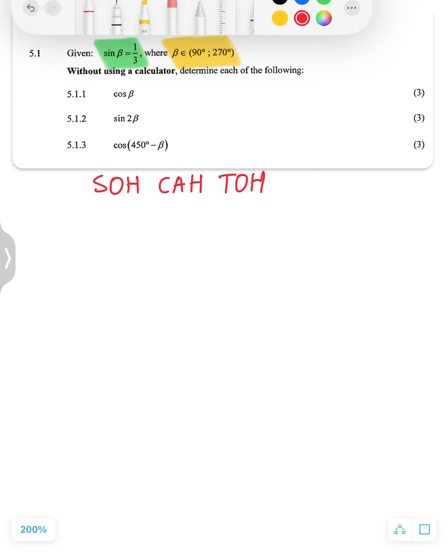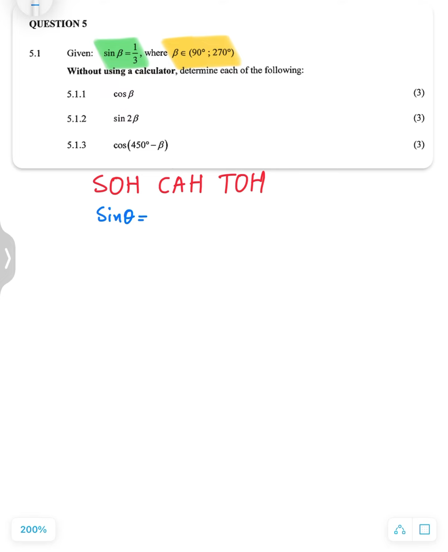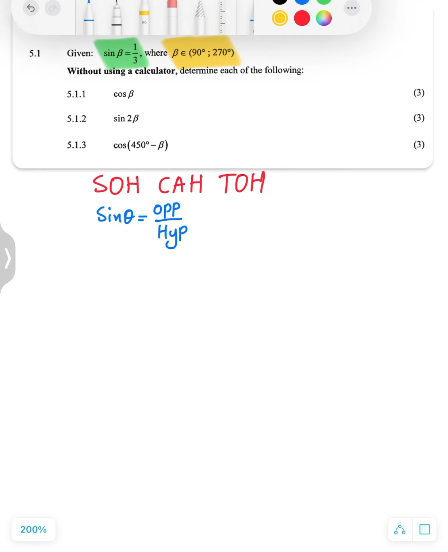So SOHCAHTOA, we know that S stands for sine. If we talk about theta, then it is sine theta. O for opposite, so opposite over H, which stands for hypotenuse. That is the first part of SOHCAHTOA: sine is opposite over hypotenuse.